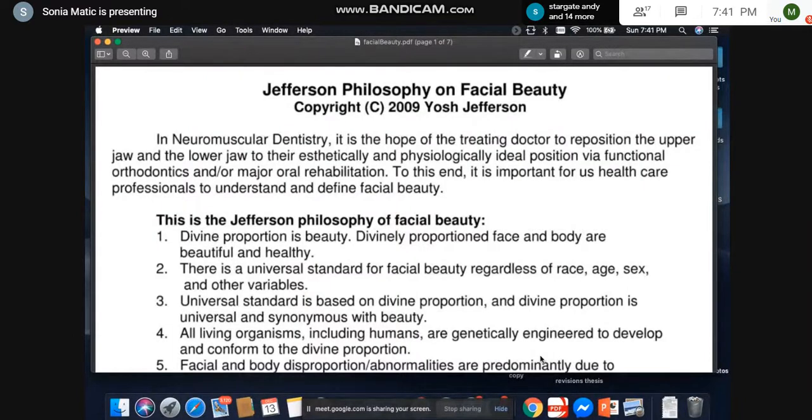Now, he discussed this as a neuromuscular dentist. It is the hope of the treating doctor to reposition the upper jaw and the lower jaw to their aesthetically and physiologically ideal position via functional orthodontics and/or major oral rehabilitation. To this end, it is important for us healthcare professionals to understand and define facial beauty.